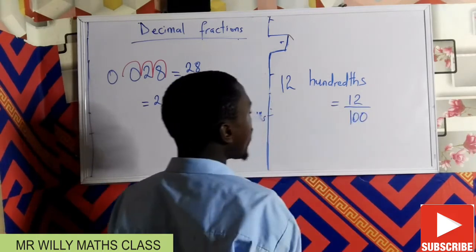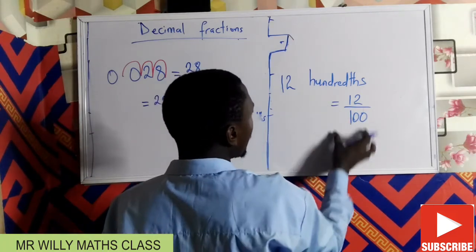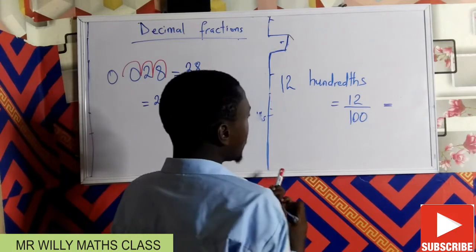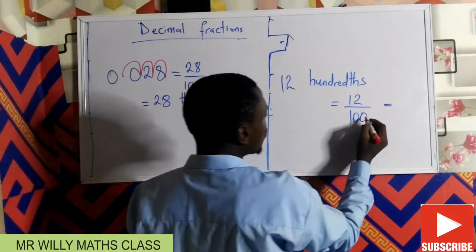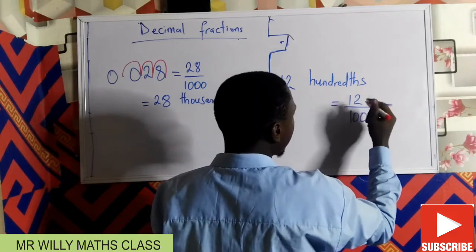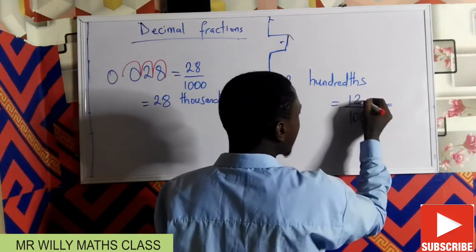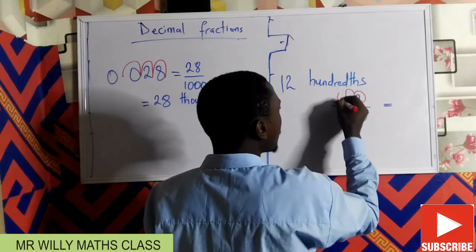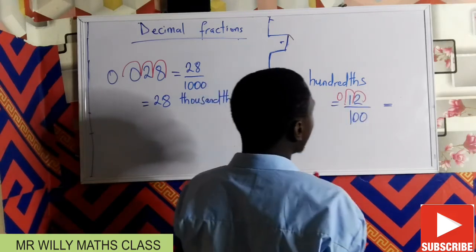Now, if you are to change this to decimal, just count the number of zeros. How many zeros do you have? 1, 2. That means that we start from the back, from our right hand side, and count 2 places. That means our point will be here, and here you have your 0.